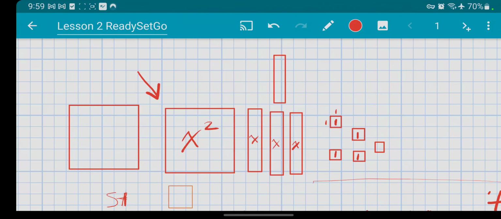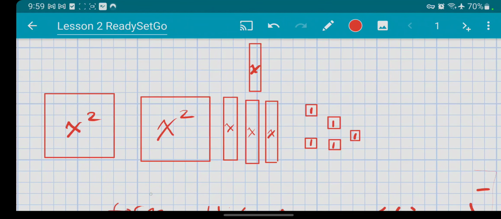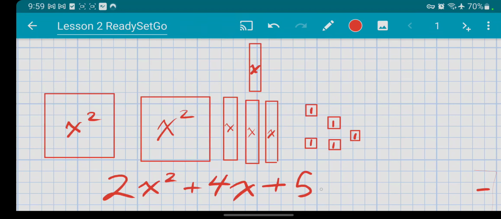It's another x squared amount, another x bar amount, and then another 1 by 1 block. So now what do we have all together? 2 x squared amounts plus 4 x bars, don't forget the new one, plus 5 1 by 1 blocks.